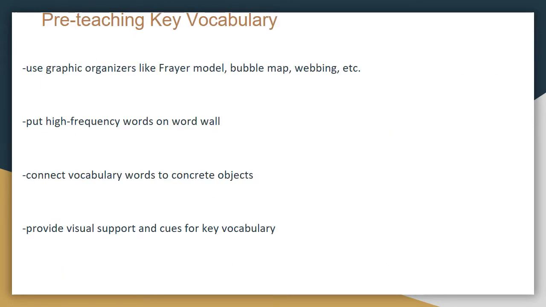Now let's discuss another element of the content-based instructional method that's very important. It's actually important for all three methods that we're going to discuss today. It's the idea that teachers must pre-teach key vocabulary.